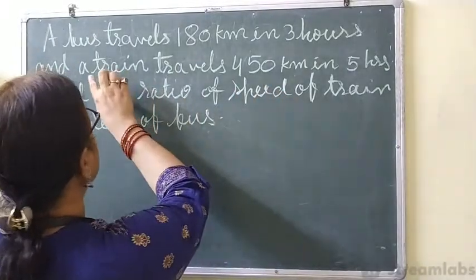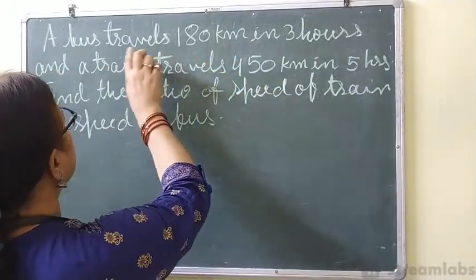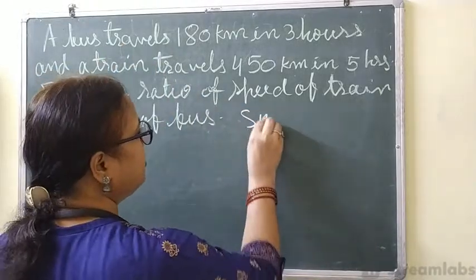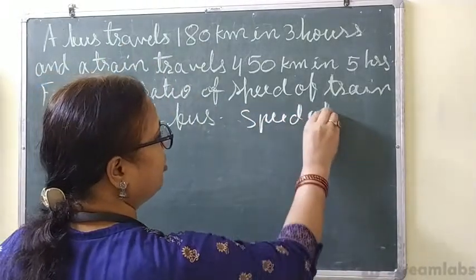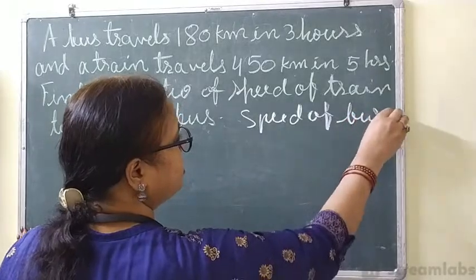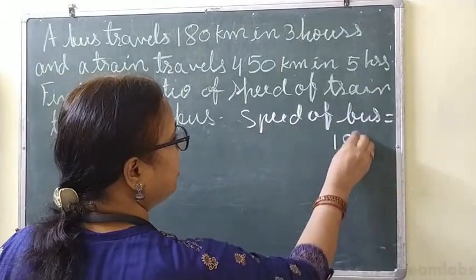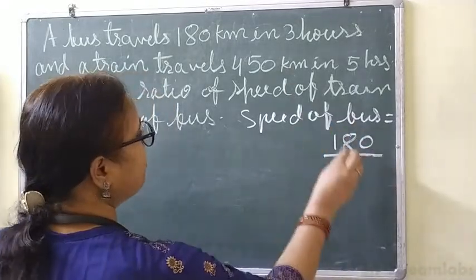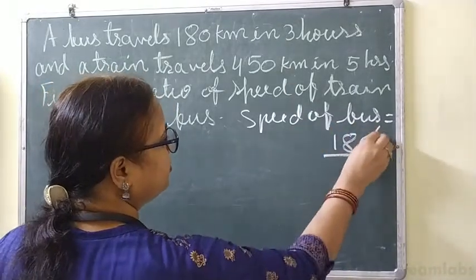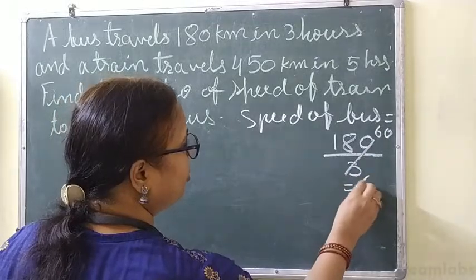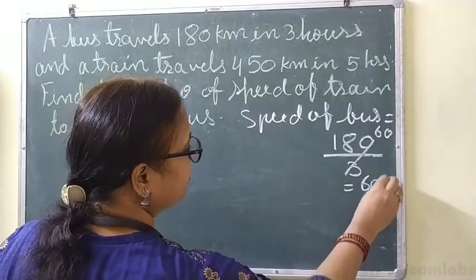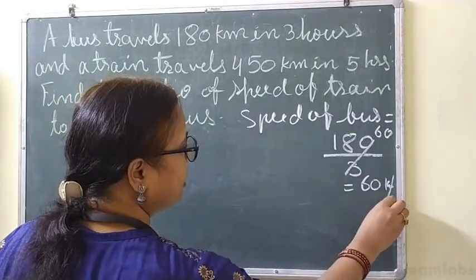First we'll find out the speed of a bus. Speed of bus is equal to distance by time. Distance is given 180 and time is given 3. So it will be 60 kilometer per hour.